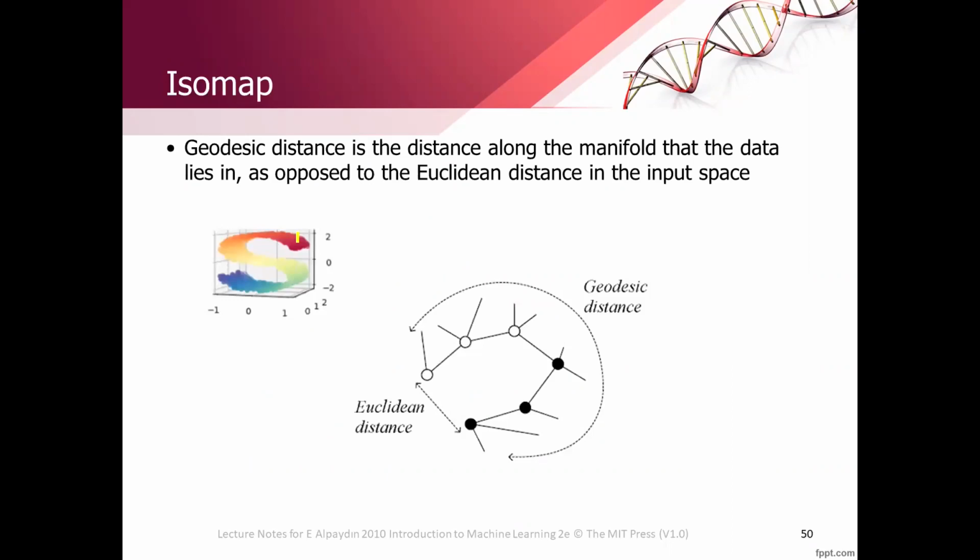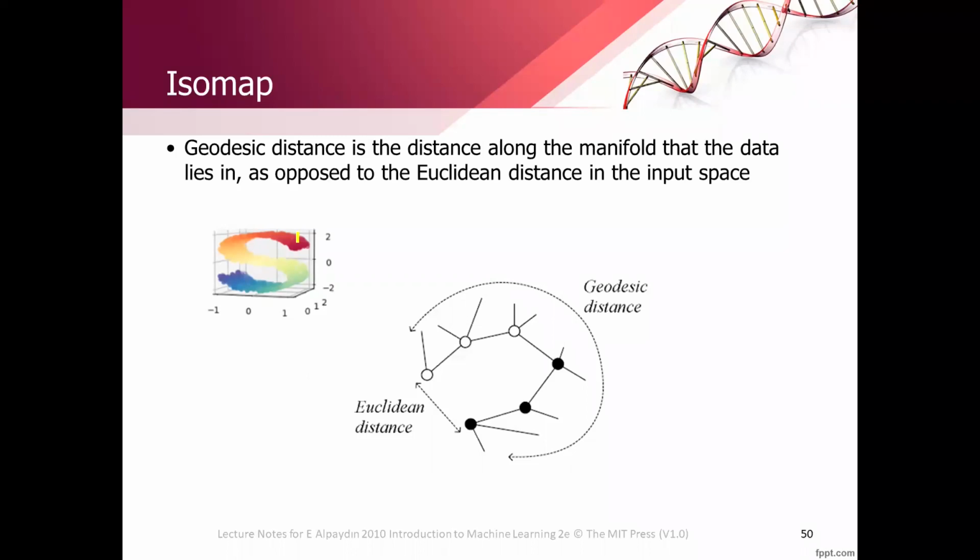Isomap. There follow two or three further methods for dimensionality reduction, and for all of them I present just the idea, not many details. So Isomap is a different method. The idea is we have some data in multidimensional space, and the distances between the observations can be computed, let's say, by Euclidean distance.